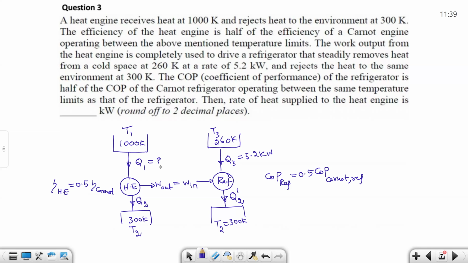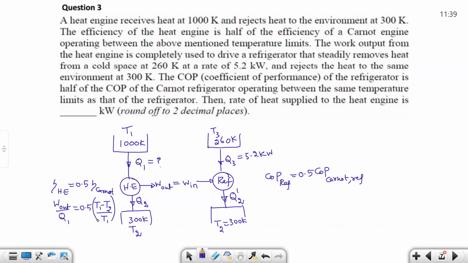Now if you look at that, the efficiency of the heat engine, work output by heat supplied, is 0.5 times the Carnot efficiency. So T1 minus T2 by T1.